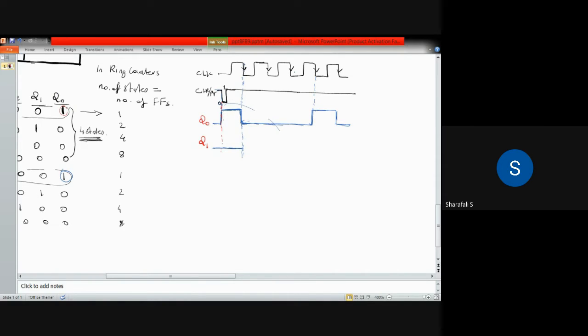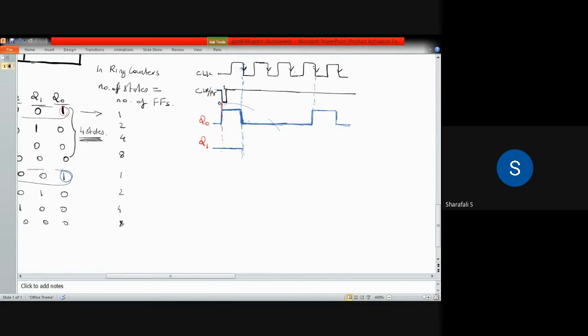When this particular clock pulse edge comes, that Q0 value will be shifted to Q1. So the Q0 value will become 0 because Q3 will be shifted to Q0. Q3 now is 0, so it will become 0 from here onwards.